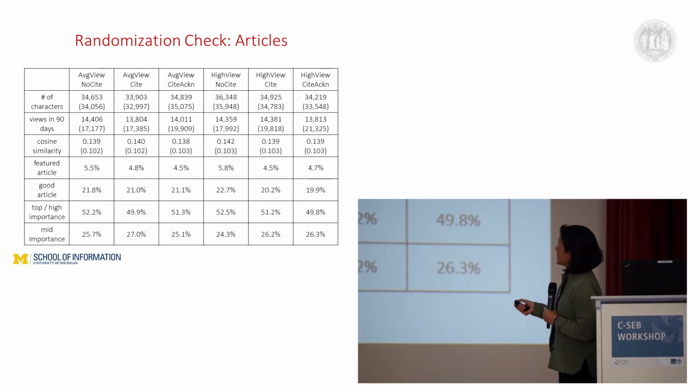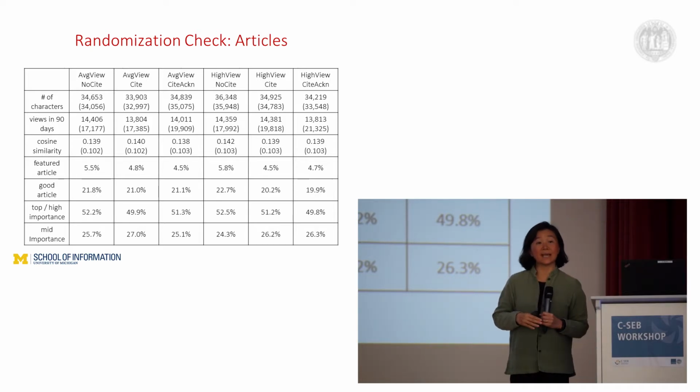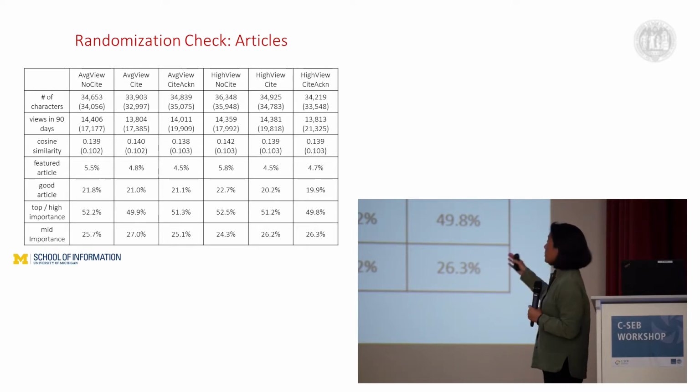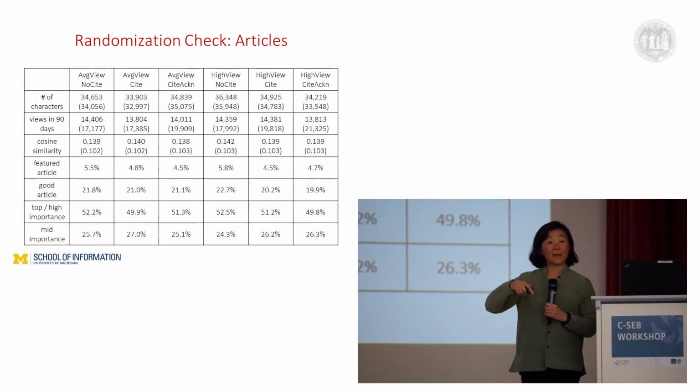And this is the randomization check on the articles. If you look at the average number of characters, so article length, views, cosine similarity, and the categories. Wikipedia has 6 quality categories for each article. The bottom line is they're fairly balanced, ex post.